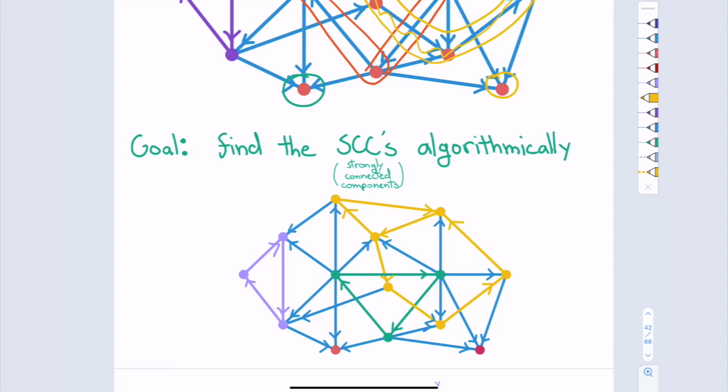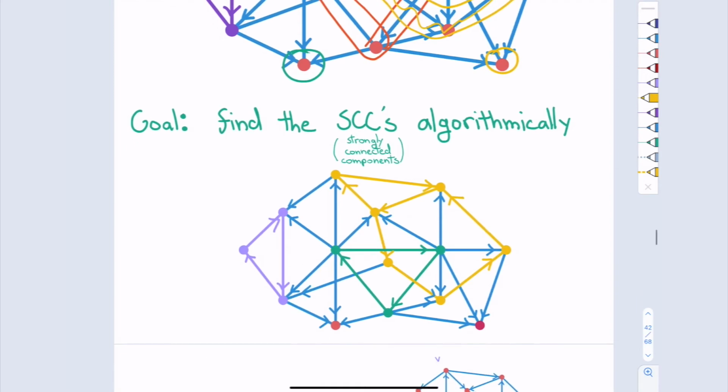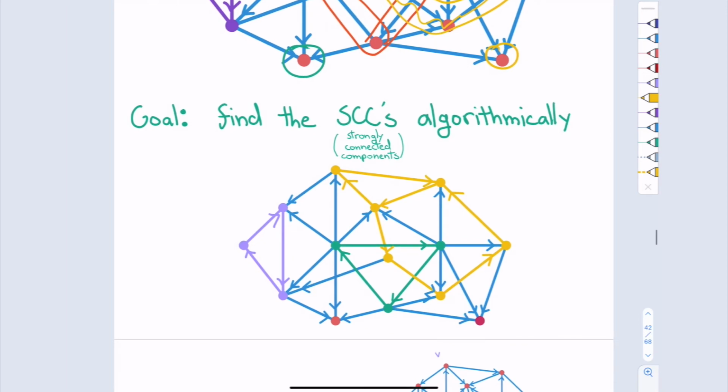In every color class, all the vertices can reach each other. Across color classes, maybe A can reach B, but B then cannot reach A. So we can always break down a directed graph into its strongly connected components, SCC for short.